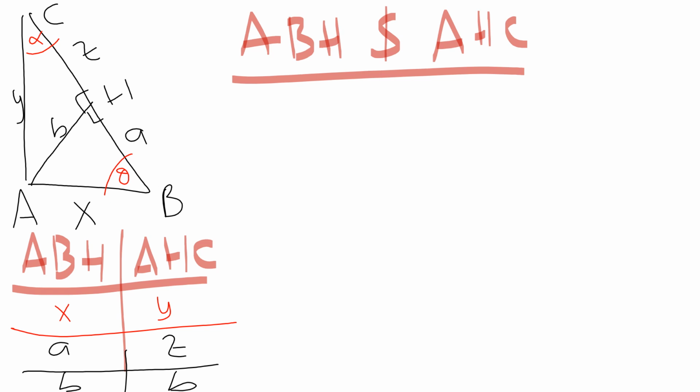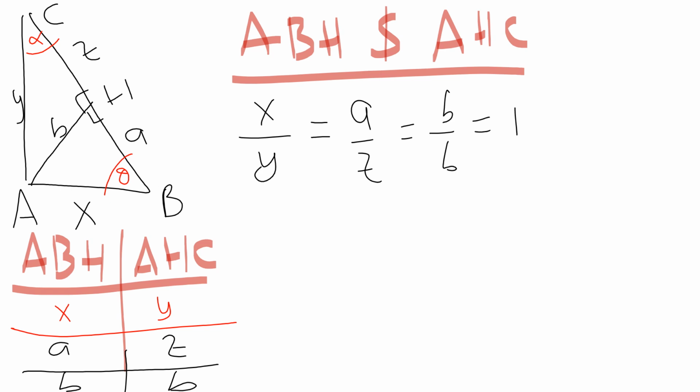So these two are similar provided the ratio of corresponding side lengths are all equal, which means that x over y should be the same as A over Z, should be the same as B over B. B over B is 1.